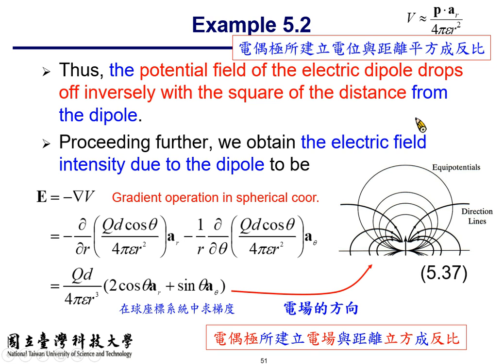So once you have the expression for electrical potential, that is the voltage, you can get the electrical field intensity expression using the negative of the gradient of V. Okay, so you just perform the differentiation of V, and you end up with this.